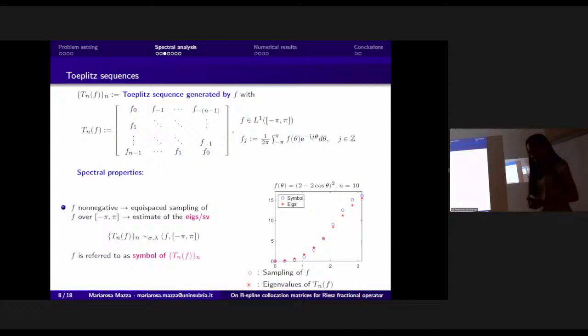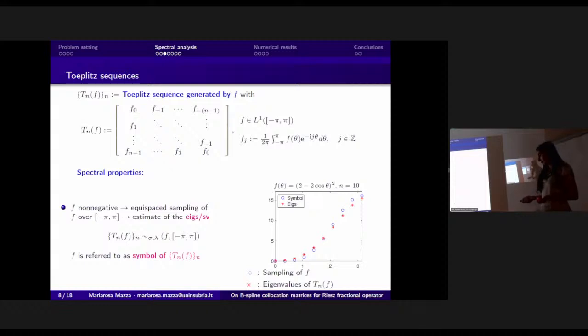Well, what happens for this kind of matrices is that if f is non-negative, then if we take a sampling of f on its domain, which is minus pi to pi, then we get an estimate for either the eigenvalues or the singular values.